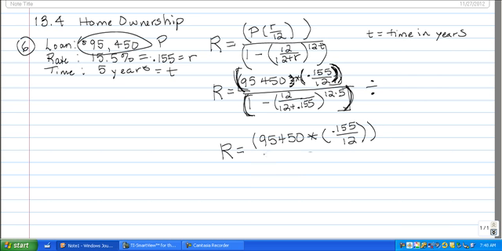This is divided by 1 minus 12 over 12 plus 0.155, so I'm going to just make that 12.155, and that is raised to the 12 times 5. I don't want to get the decimal confused there. I forgot my paren there, so I need to close that off. You can see I've added a few sets of parentheses to help me.